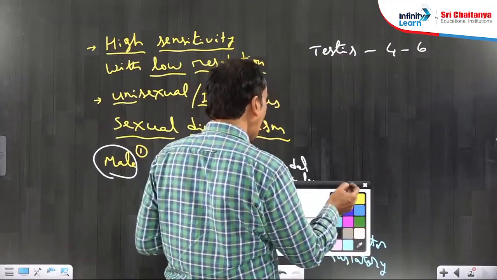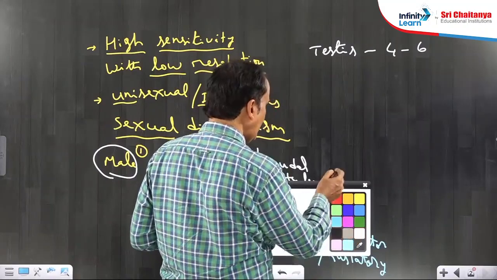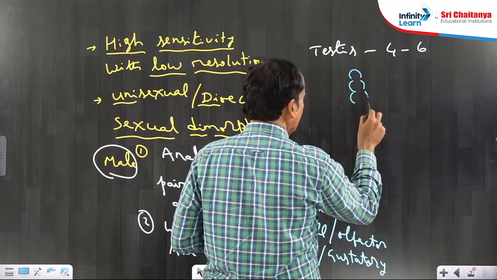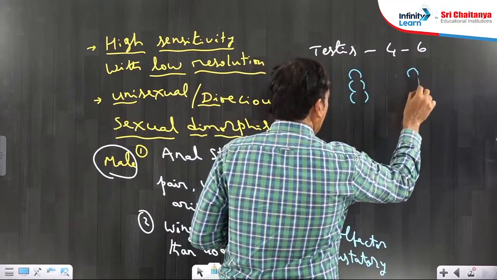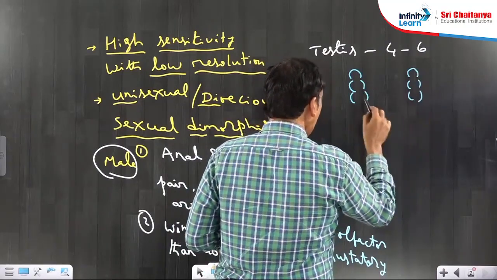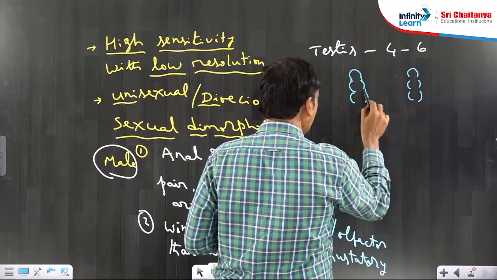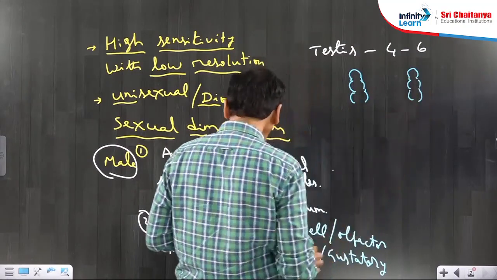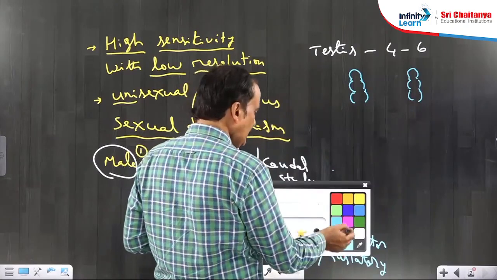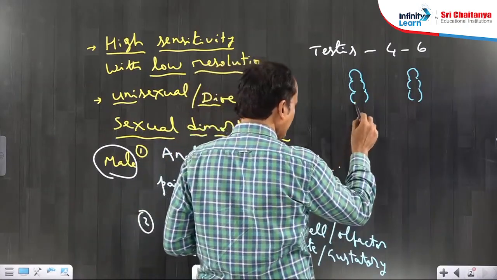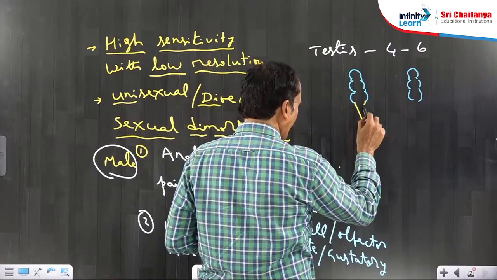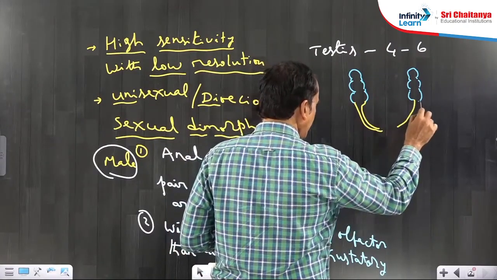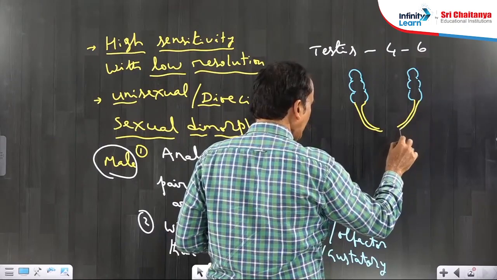I will give you a rough diagram so that you will get an idea about the various structures. Testes are present in 3 segments, which are lobular. They are lobe-like structures that will be leading into vas deferens.